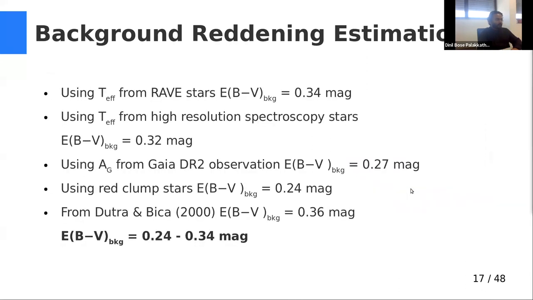We did reddening estimation using different techniques: using temperature from RAVE stars, using temperature from high resolution spectroscopy, using extinction from Gaia DR2, using the properties of red clump stars, and also Dutra and Bica have calculated the background reddening, and they reported it to be 0.36 magnitude. From all this analysis, we found that the reddening varies from 0.24 to 0.34 magnitude.